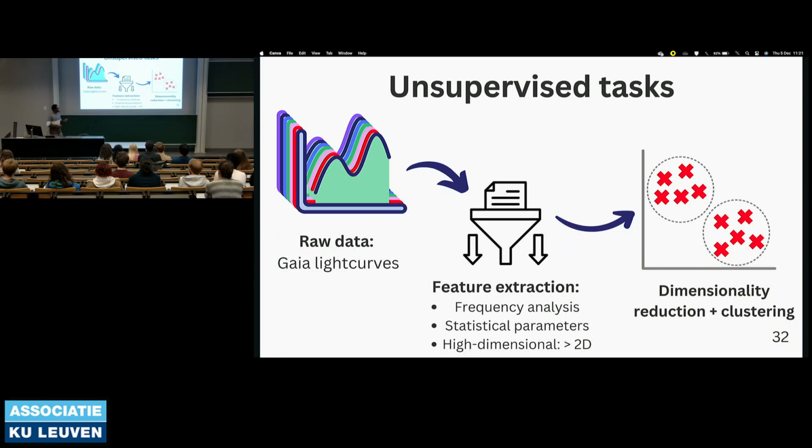We use many statistical parameters, because we collect as many features as possible. So we have a number of features more than 2 parameters, and with that we need a dimensionality reduction algorithm to visualize them in the 2D space and apply the clustering tasks.